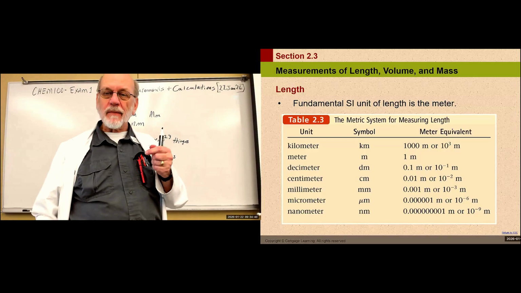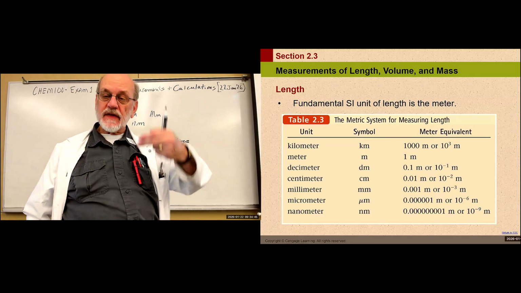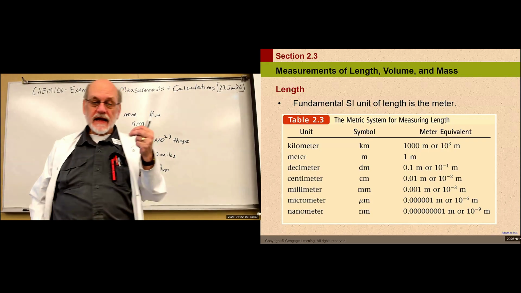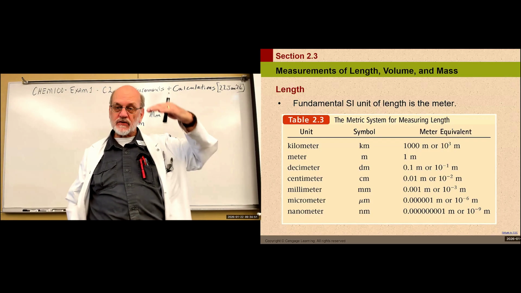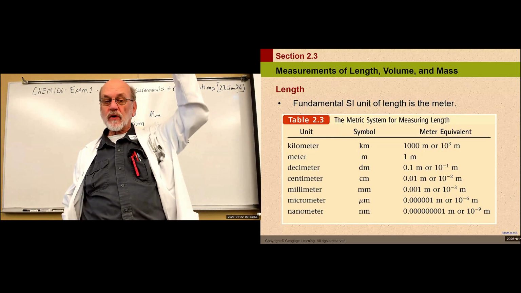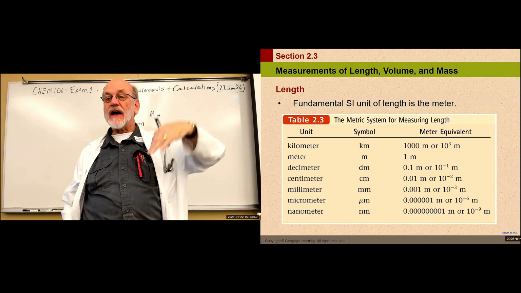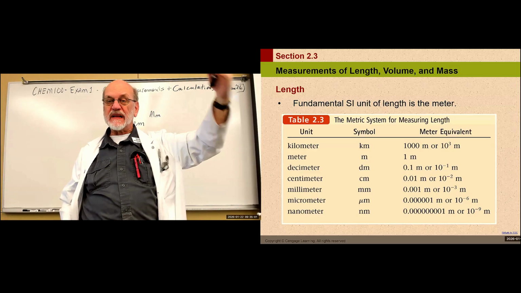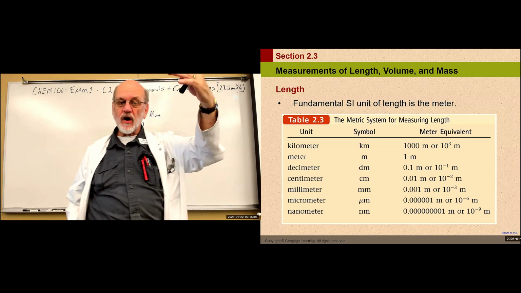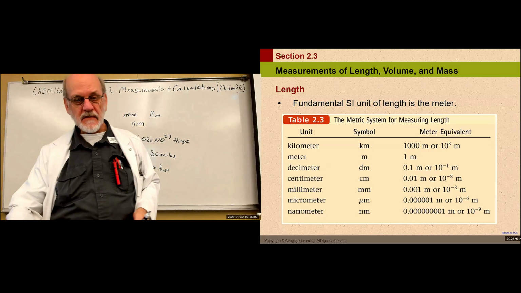So how many times bigger is the kilometer than a millimeter? All right. If we have to go 1,000 times to get to a meter from a millimeter, and we got to go 1,000 times more to get to a kilometer, we've actually moved 1,000 times 1,000, or 1,000,000, which means the kilometer is 1,000,000 times larger than a millimeter. Okay.